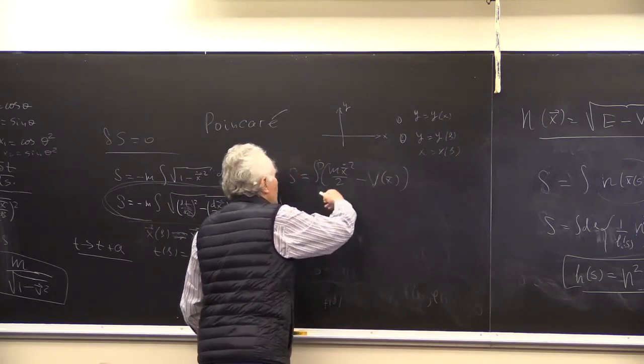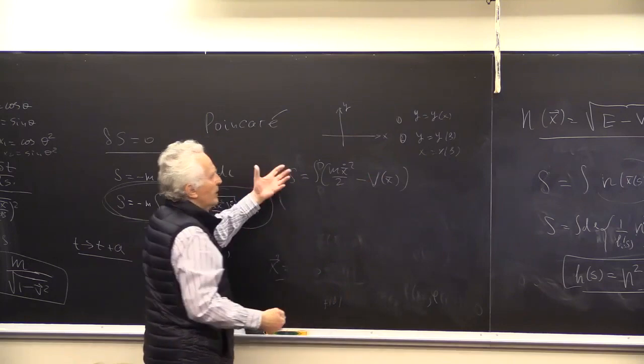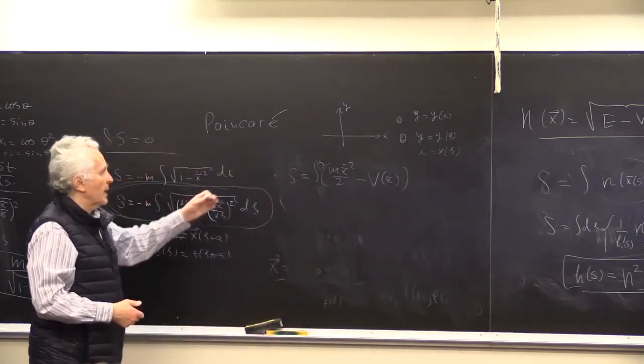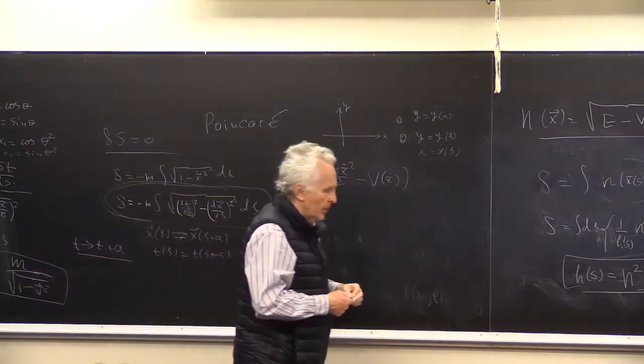But it describes what is called classical trajectories. A classical trajectory is a solution of the Newton equations of motion.